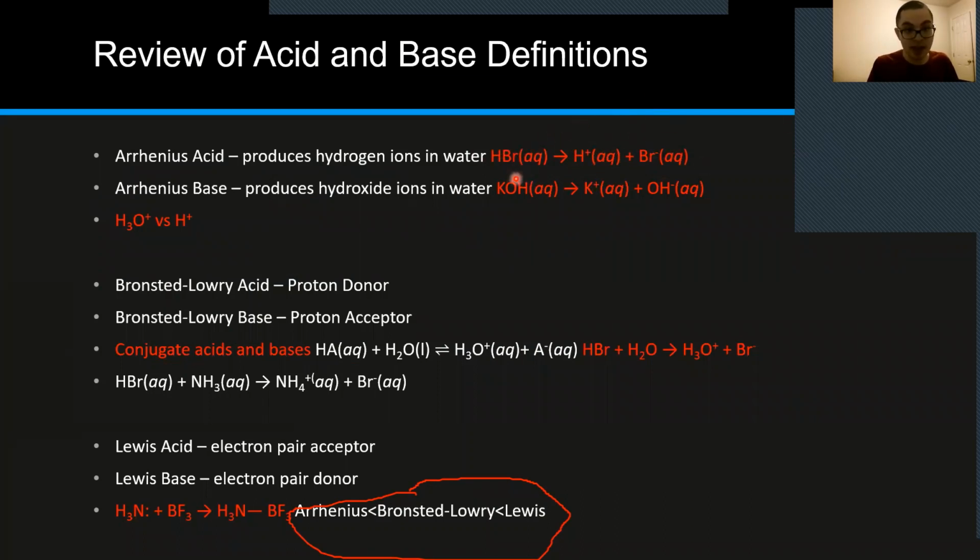Since HBr dissociates completely, it's a strong acid, and its equilibrium constant is very large, because whenever we're forming equilibrium constants, it's the concentration of the products over the reactants. So you have very large products because it dissociates completely, and a very minimal amount of HBr. When you have a large number and you divide by a small number, you get a larger number.